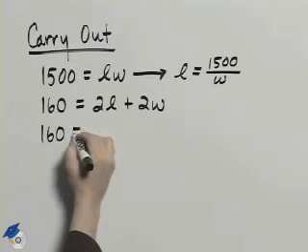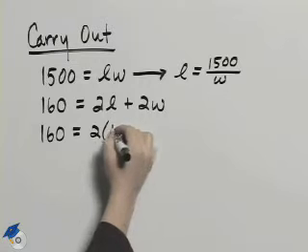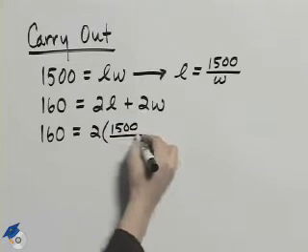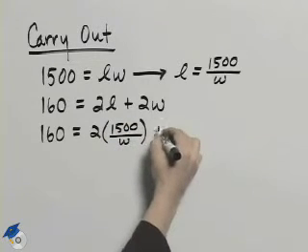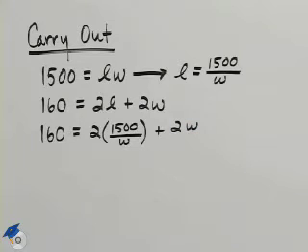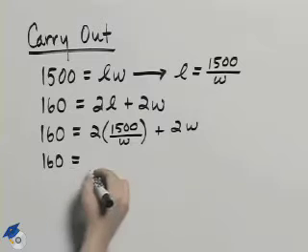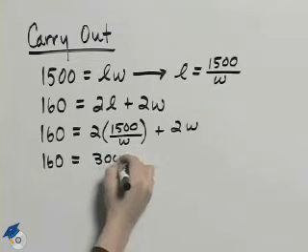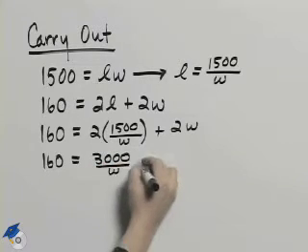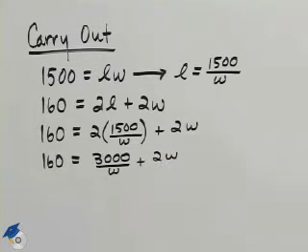So I'll have 160 is equal to 2 times 1,500 divided by W plus 2W. Simplifying gives us 160 equals 3,000 over W plus 2W.